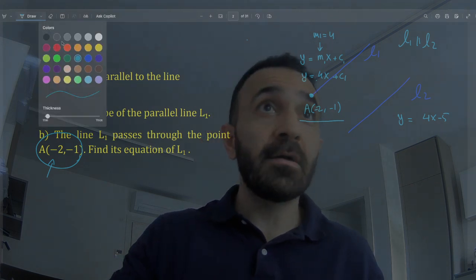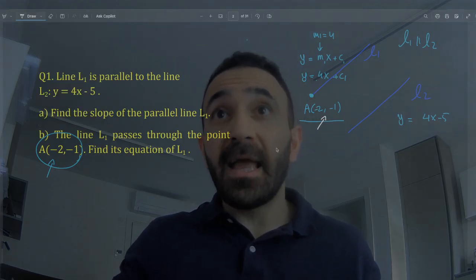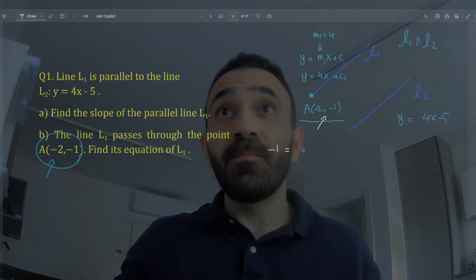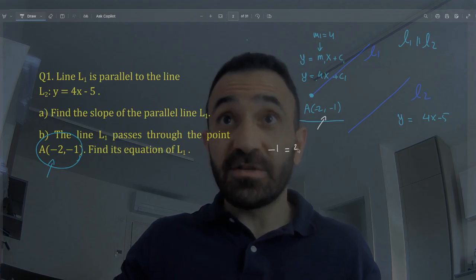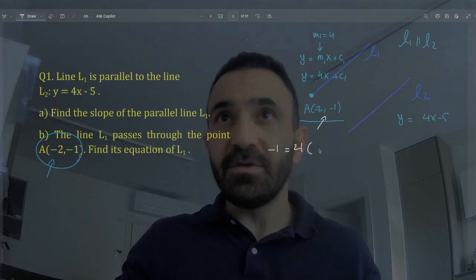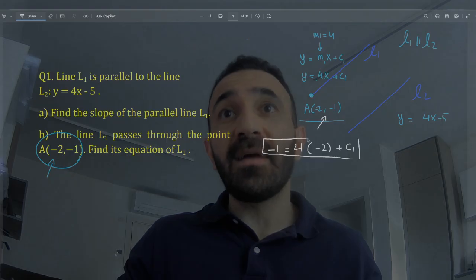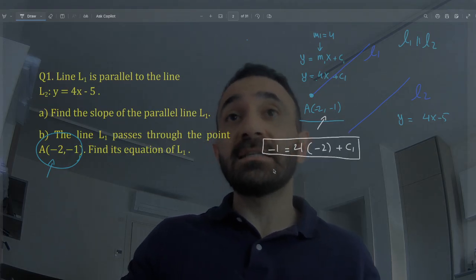The y value of A is minus 1, which equals the slope 4 times the x value of point A, which is minus 2, plus c1. Here you have an equation which you can easily solve.